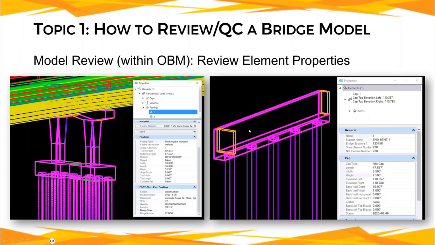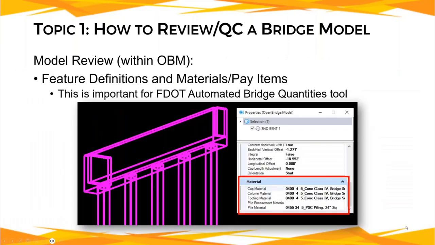In this case, the cap and the back wall are one element, so it gives you the back wall information as well. So again, that wrapper level is not a physical level that you see. It's just used to group all of this together. So I generally will select the full element and then just drill down in the properties window to whatever element I'm interested in looking at.